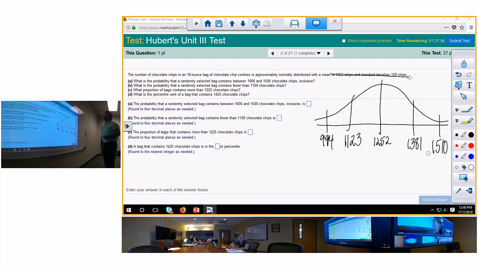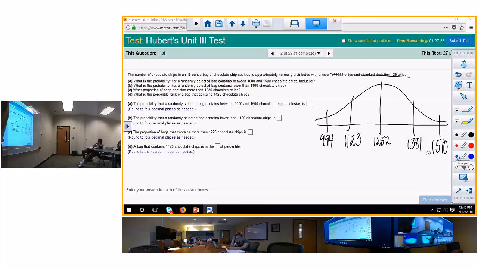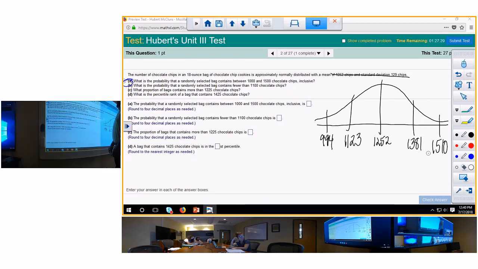And it says, what is the probability? And we'll do it in blue. Okay, A says, what is the probability that a randomly selected bag contains between 1,000 to be, there's 994, so we'll put 1,000 right there, and 1,500. 1,500 would be somewhere right in here.